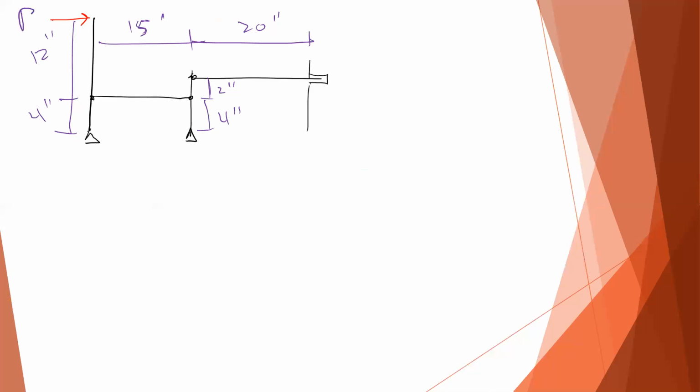And we have different dimensions, so this might be 12 inches, 4 inches, 2 inches, and 15 and 20. So the question might be, how much load P can I apply before these members buckle? And assuming that this end here jams in and acts as a pin.